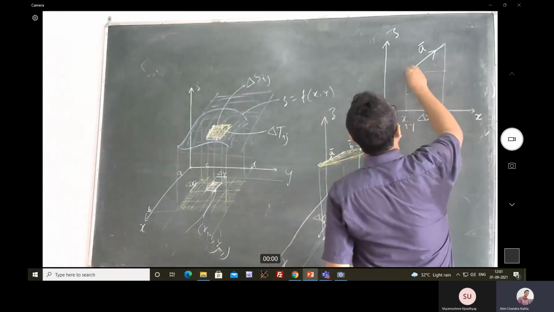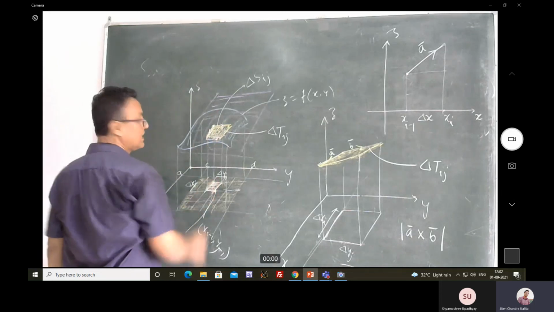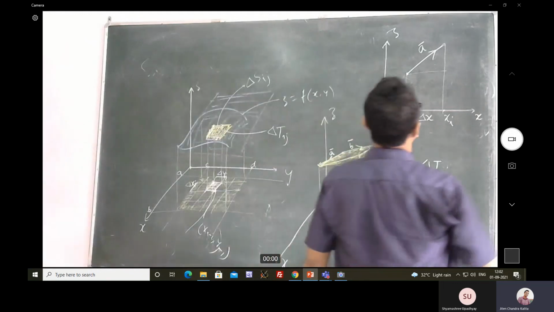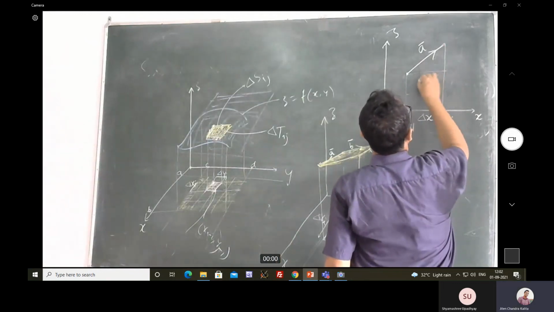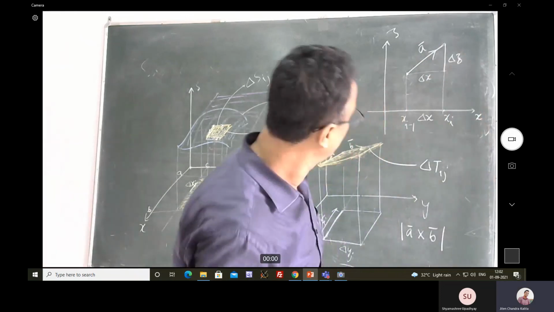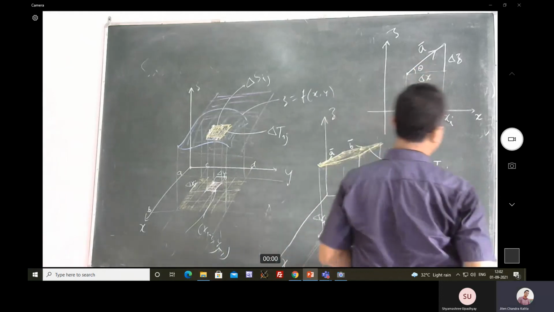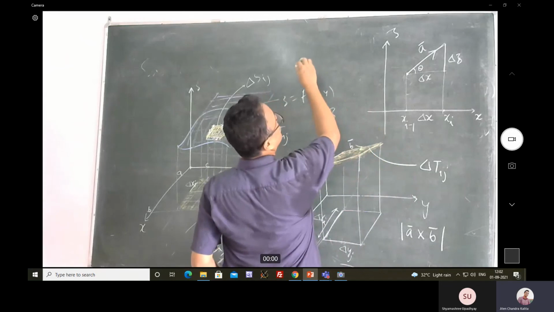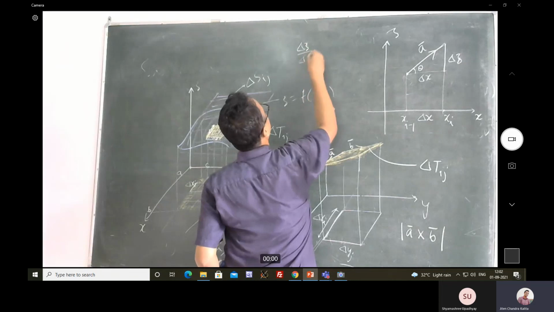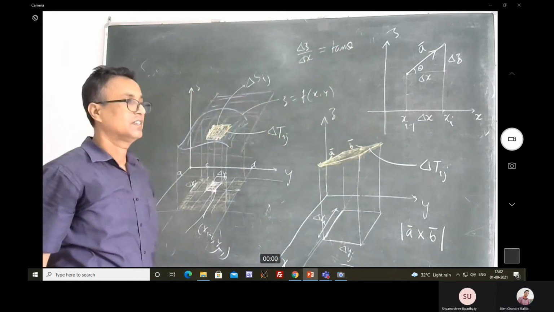Fine. So then what is going to happen? Again, I am considering my tangent plane at this point, x_{i-1}, y_{j-1}. Now if you look at this vector A, if this is delta j, and this angle is theta, then you know that delta z by delta x is equal to tan theta, isn't it?